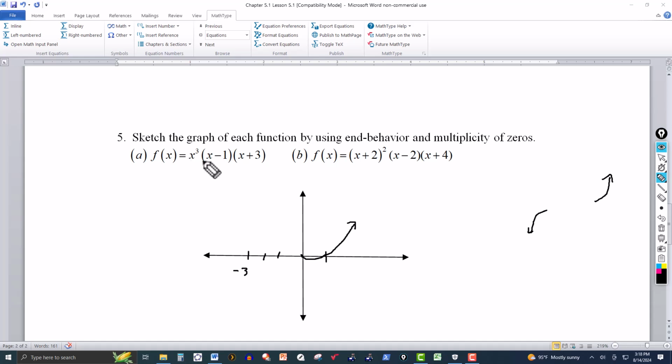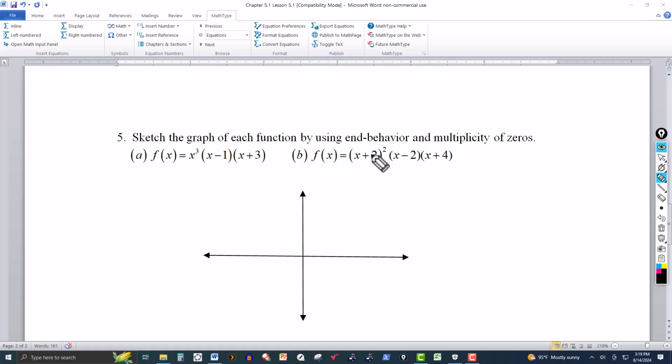They cancel each other. I get positive. This is a 2. So this graph is going up. How high? Don't know unless I plug in some values. So this is just a rough sketch. I know it has to come down though, because it has to cross here at this intercept. So this is going to come down like this. And then I know I have to go down because of what we just said. So this is going to come down this way. And that's a rough sketch of that graph.